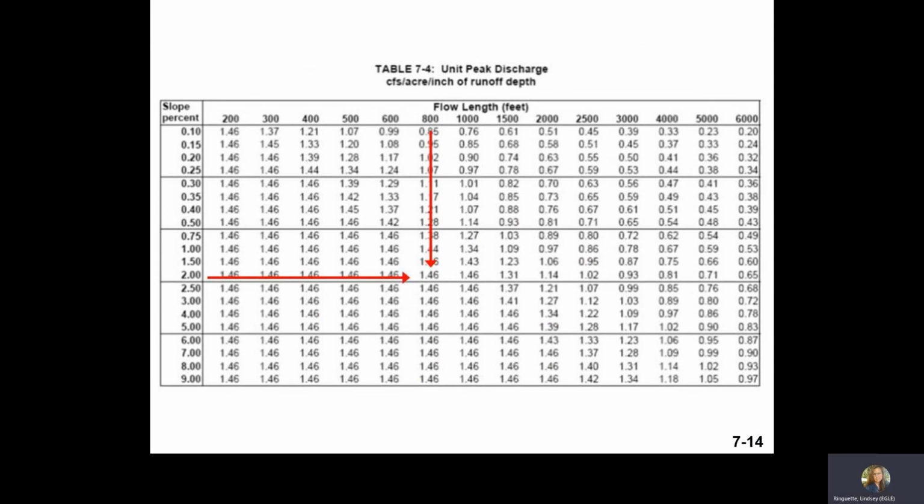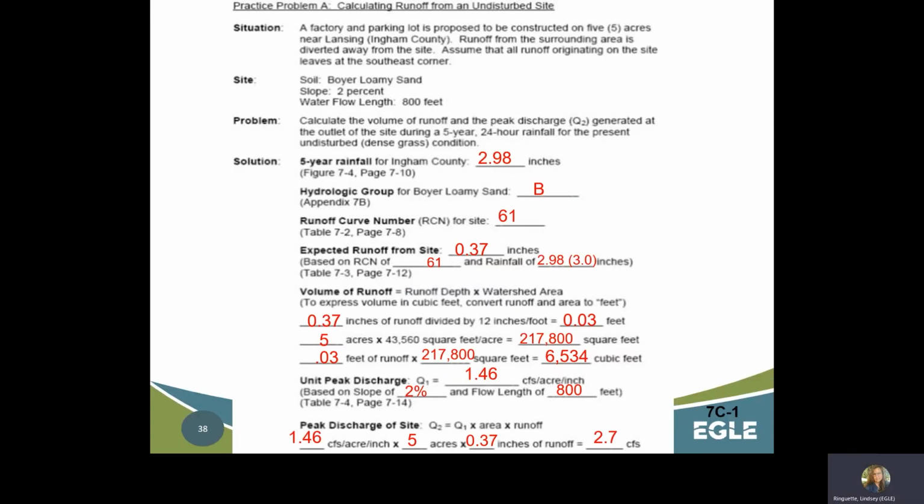If we follow the slope percent of 2 and the flow length of 800 feet, we will find that the unit peak discharge is 1.46 CFS per acre per inch of runoff depth.